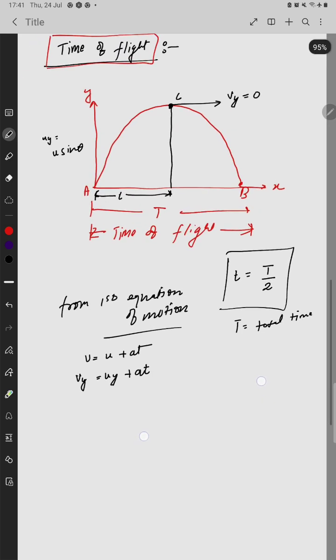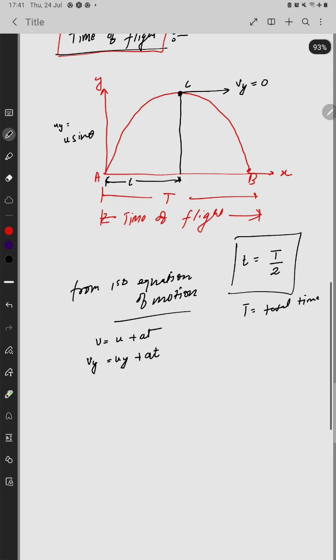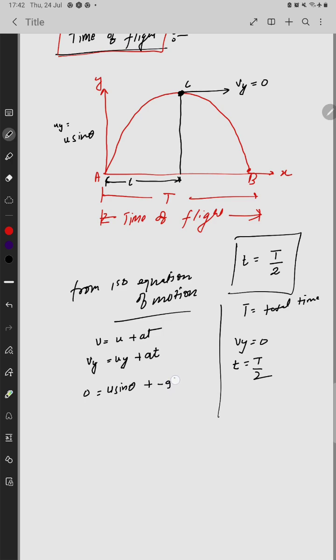Now here you see, Vy equal to 0 at this place, and t is equal to capital T by 2, the total flight time. So 0 equals u sine theta plus the acceleration, which is downward, so minus g, and t is T by 2.